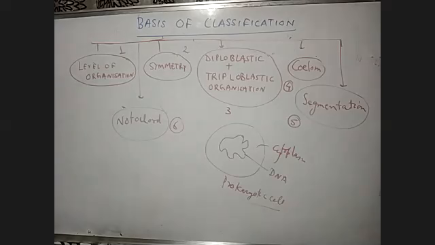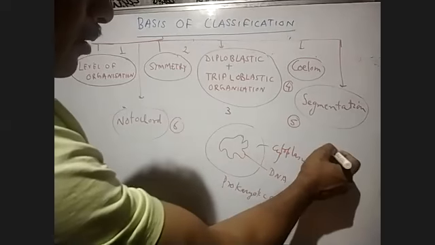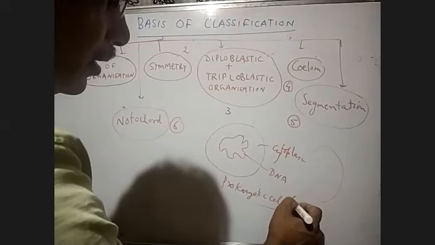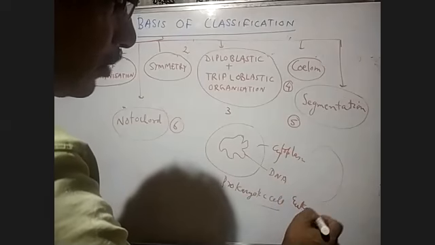Similarly, the eukaryotic cell is found in human beings, animals, snakes, toads, frogs, fishes, insects, the earthworm, the cockroach, the butterfly. These are multicellular animals, and their cells are called eukaryotic cells.